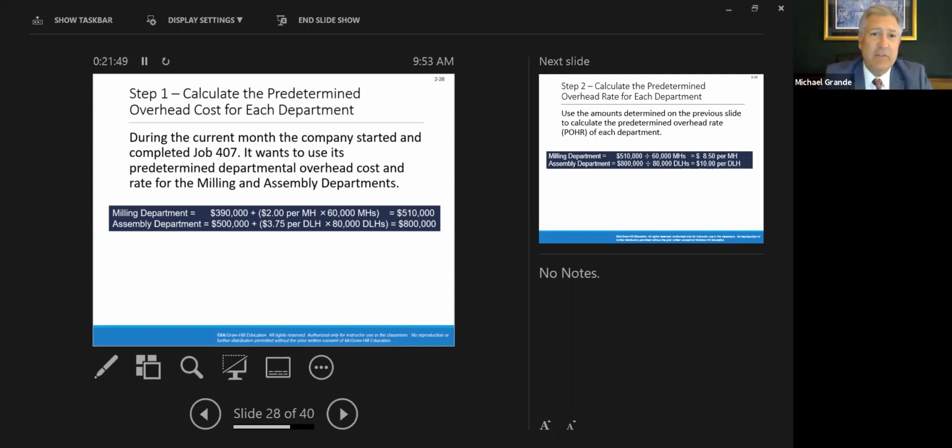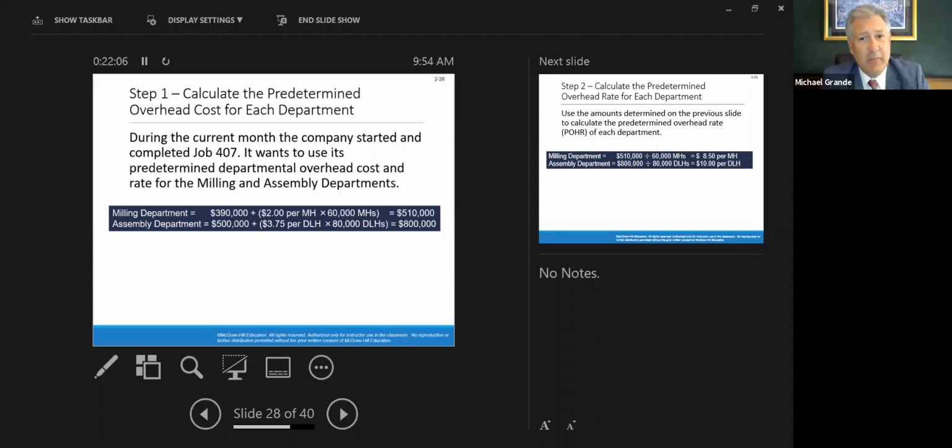So the first step is to calculate total manufacturing overhead. So the milling department's fixed cost plus $2 per machine hour multiplied times 60,000 machine hours. Total estimated manufacturing overhead for milling, $510,000.